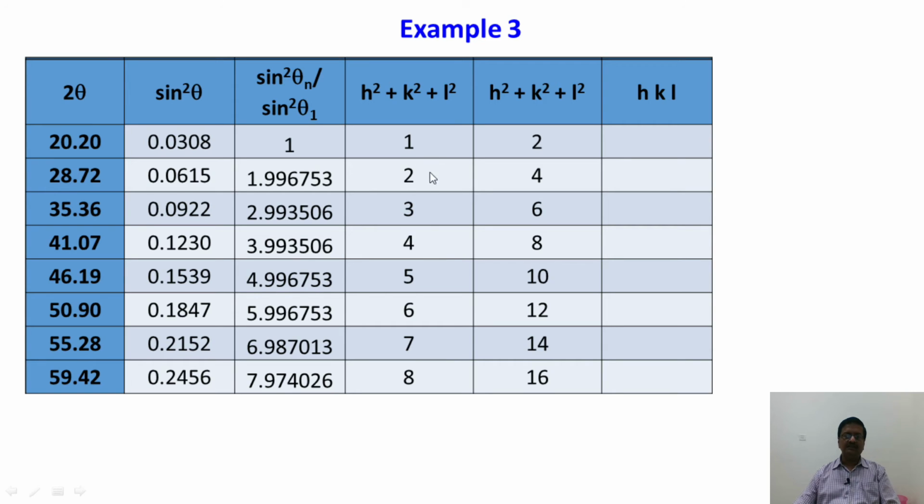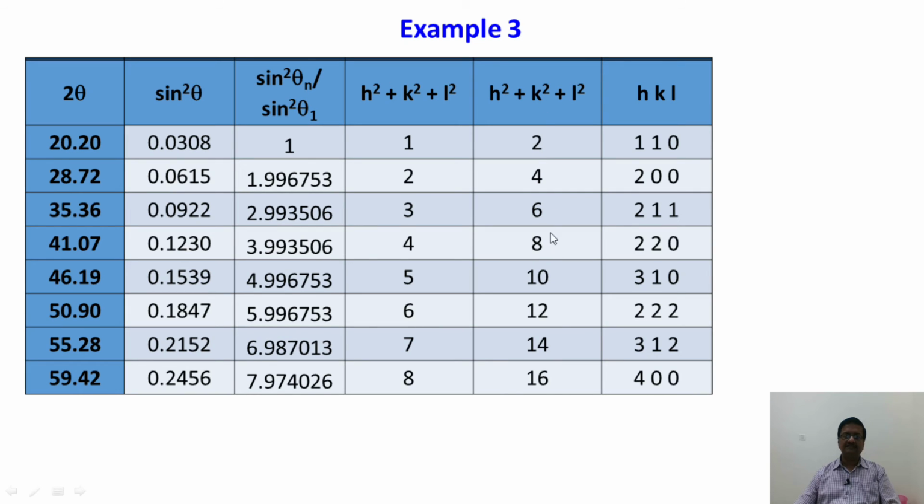Now what we see is 1, 2, 3, 4, 5, 6 can be represented as sum of squares of 3 integers. But 7 is such a number which cannot be represented as a sum of square of 3 numbers. So because of that number 7, this series of numbers is not acceptable set of numbers for h square plus k square plus l square. So at this point here we need to multiply this by 2 to get this set of numbers.